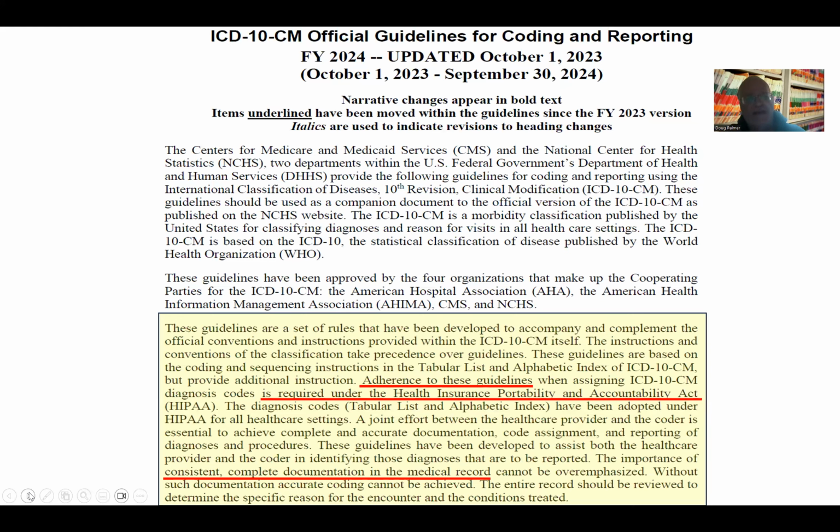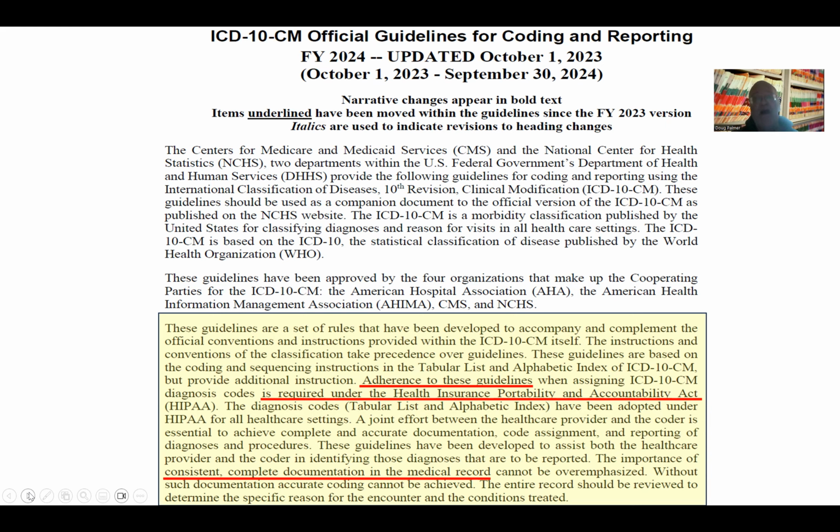And I started to say that many coders arrive at their role of medical coding in different ways. Look, I coded for 10 years before I ever got a certification.